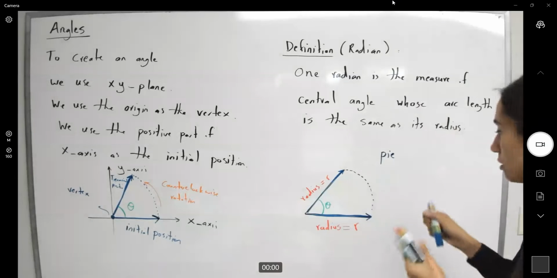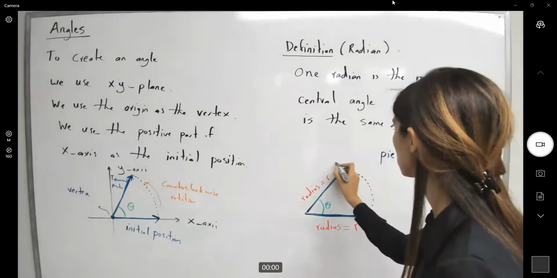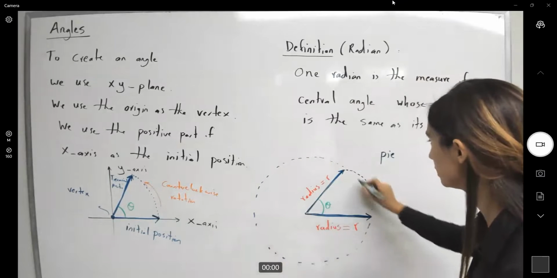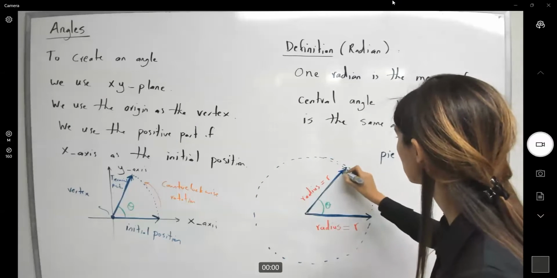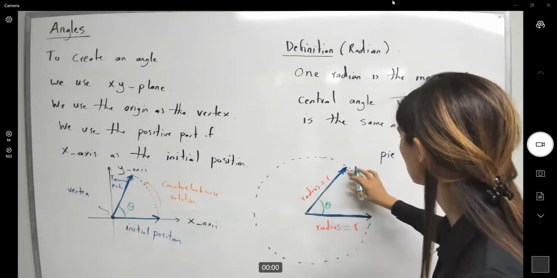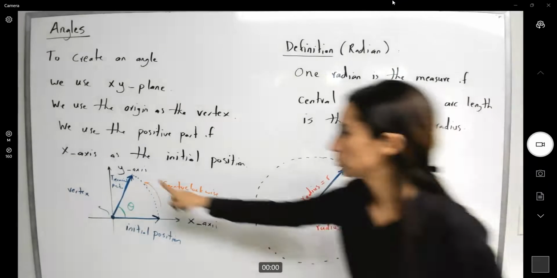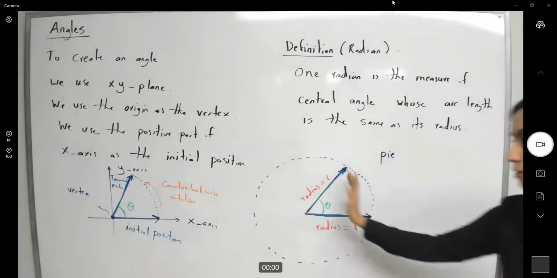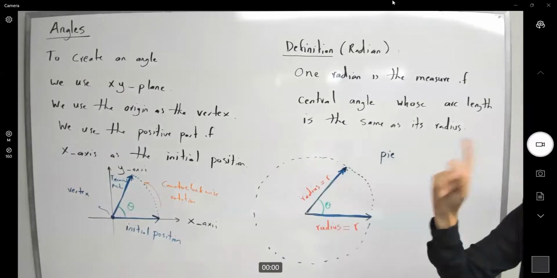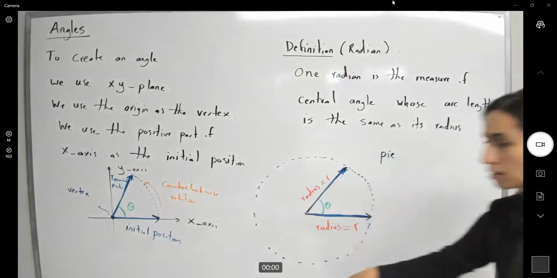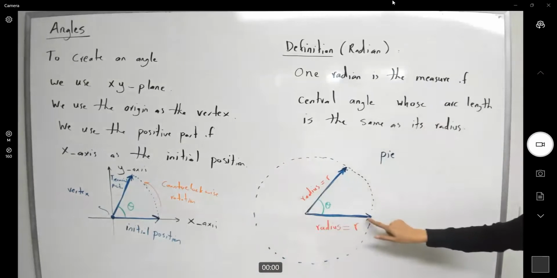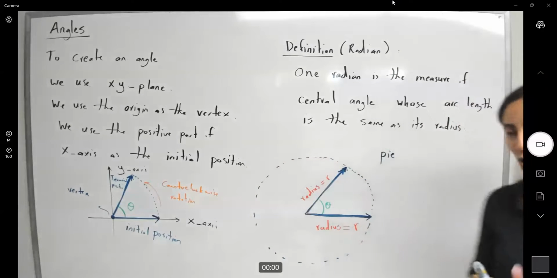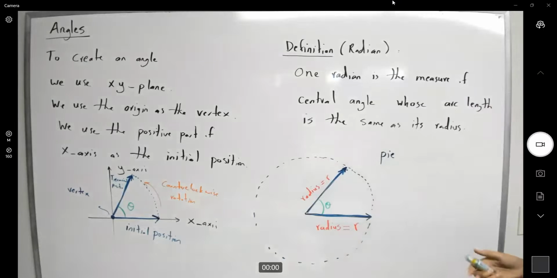Any circle has its radius. So this is my piece of pie, which if I continue this ray one full rotation, I get a circle. So the length of the arrow is the radius, which we denoted by R. Now, take a look at this part.